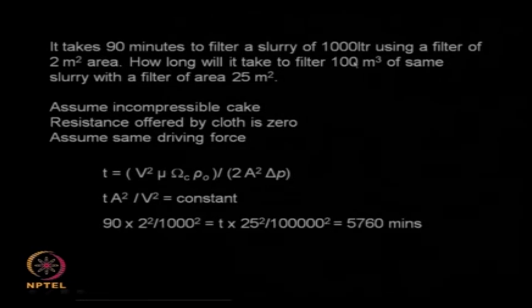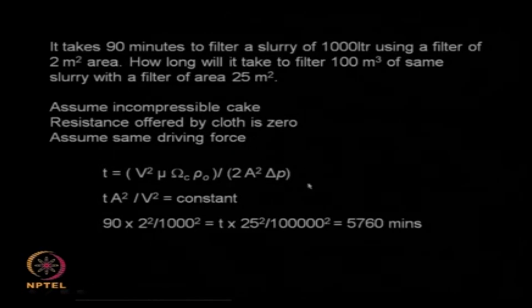Now I want to filter 100 meter cube of the slurry using a filter setup which has 25 meter square cross sectional area. So we can assume incompressible cake, we can assume resistance offered by the cloth is 0, and assume same driving force, that means I am applying the same delta P.